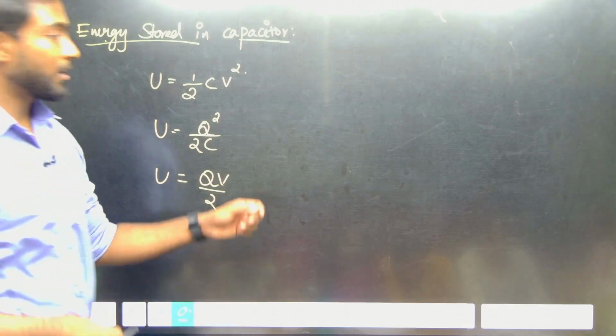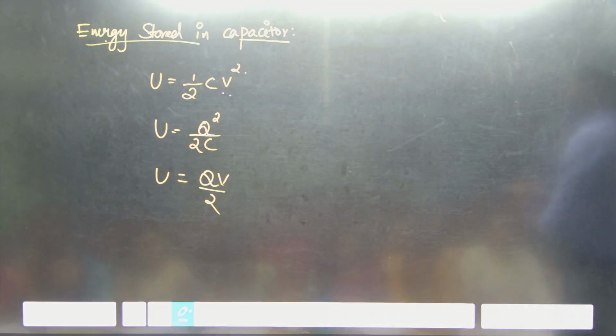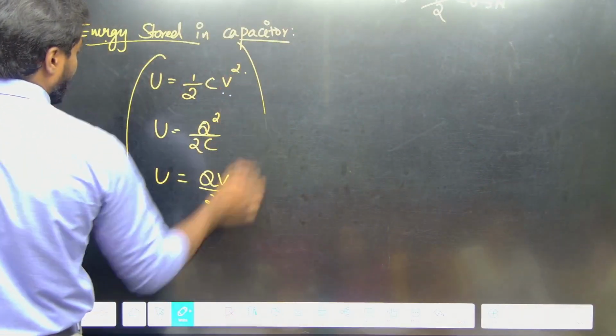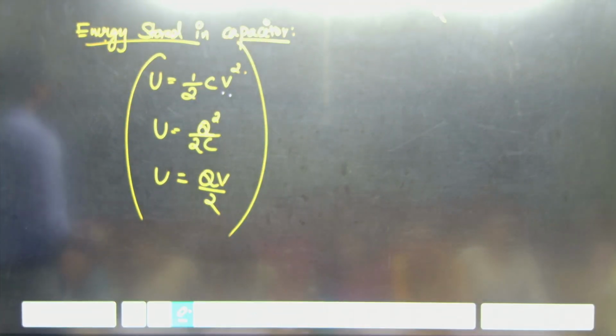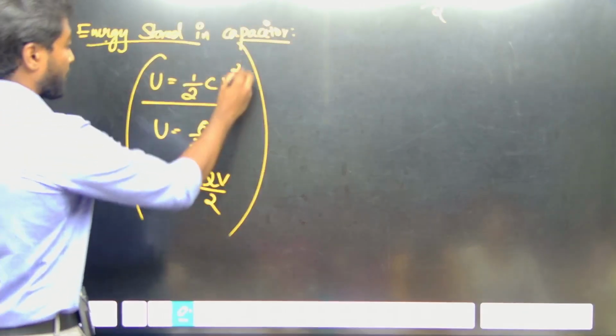So in the first formula, capacitance and potential are there. In the second formula, charge and capacitance are there. In the third formula, charge and potential are there. Whatever they are mentioning, I can use any one formula based on the given terms. You can take the first formula only.